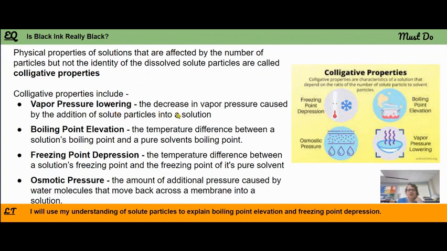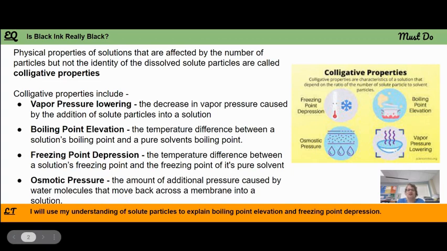There's vapor pressure lowering, where the vapor pressure decreases as you add solute. Boiling point elevation is the difference between the solution's boiling point and the solvent's boiling point. Freezing point is the same idea: the difference between the solution's freezing point and the freezing point of a pure solvent.